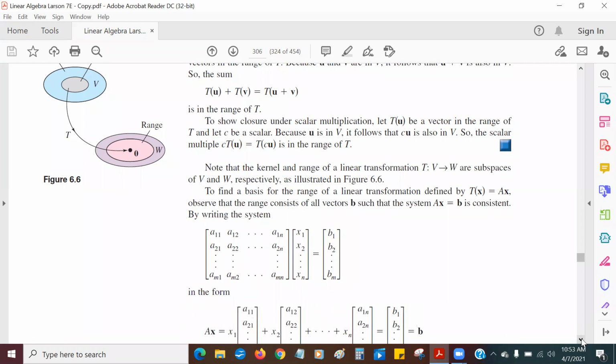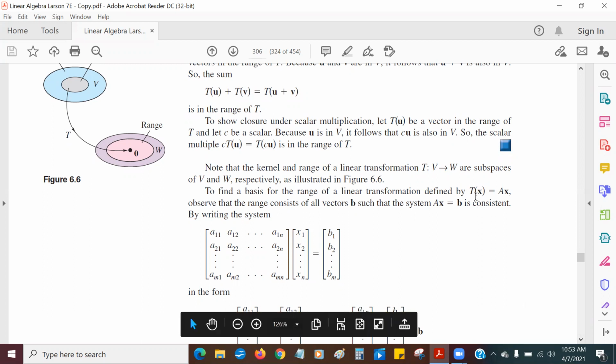Now, in the previous video, we found the basis for the kernel of a linear transformation, and now we're going to find the basis of the range of the linear transformation, which is defined by a matrix multiplication.